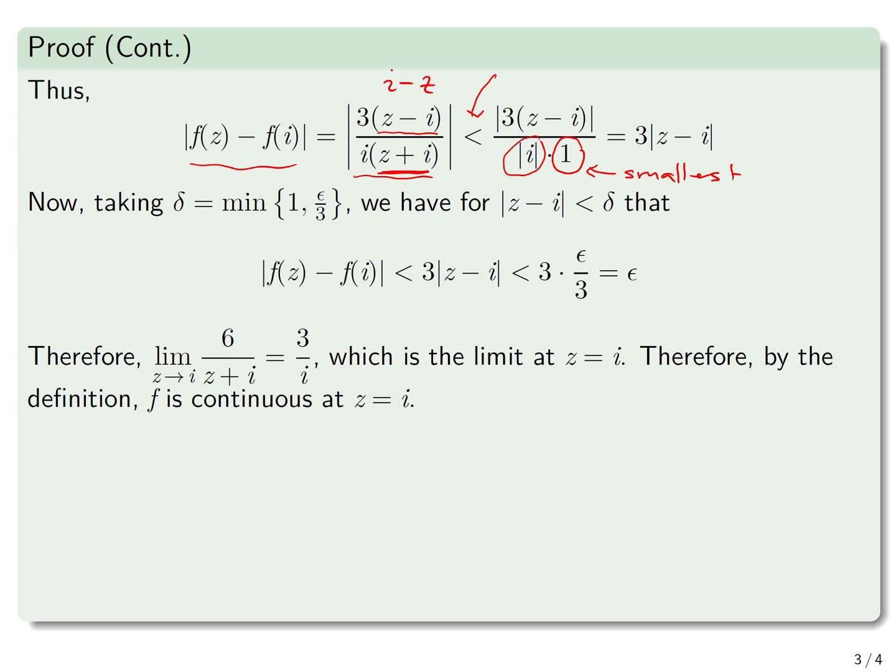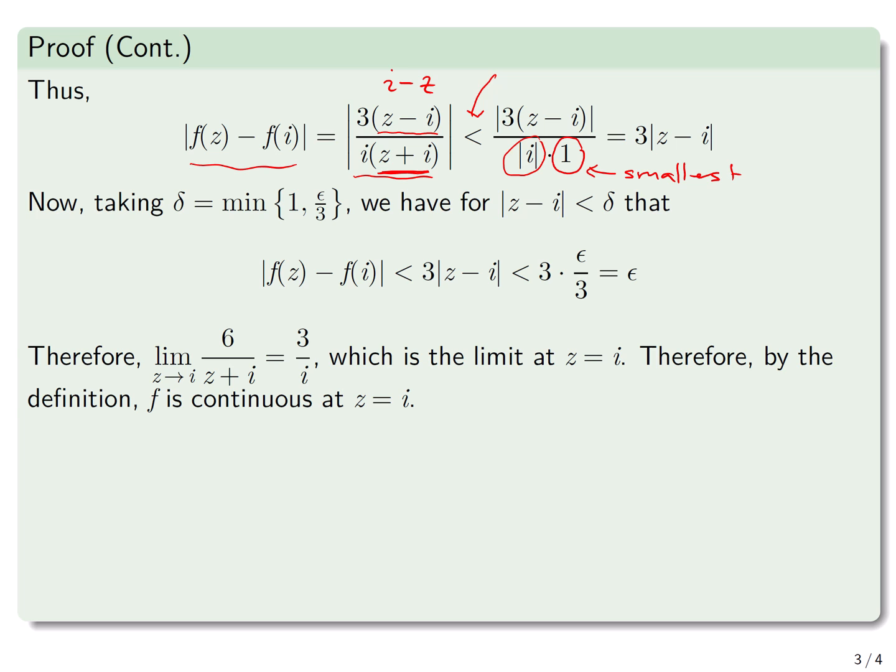It's the greater than sign. Okay, and then you can see it simplifies well, and you end up getting 3 absolute value c minus i, 3 absolute value z minus i. Now you want to make sure that you find a delta that satisfies the two conditions.